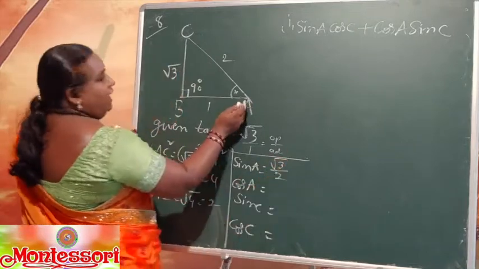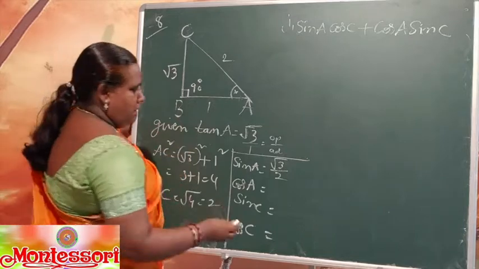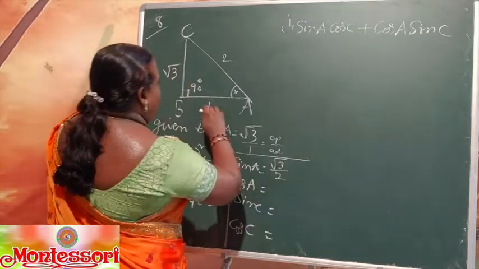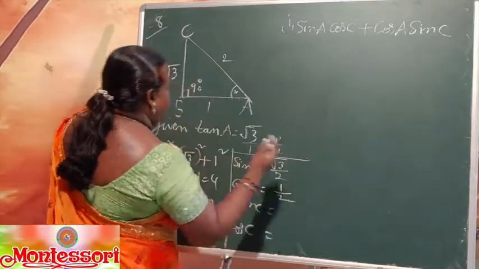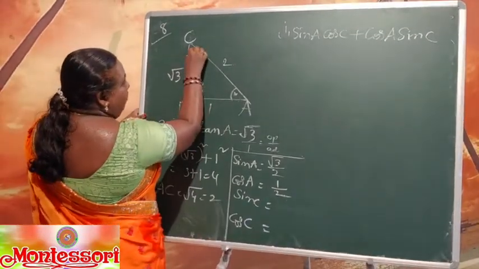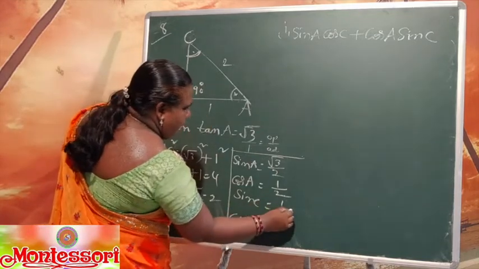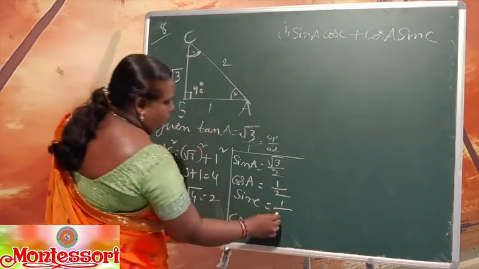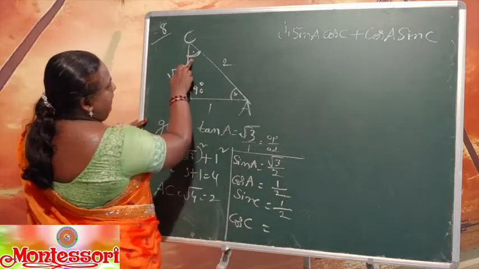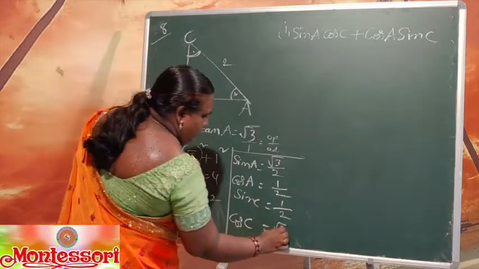For A, you have to say opposite side by hypotenuse. So cos A, adjacent by hypotenuse. And if you go for C, we have to focus on angle C. For angle C, what is the opposite side here? 1. 1 by hypotenuse 2. Cos C, adjacent side by hypotenuse, that is root 3 by 2.